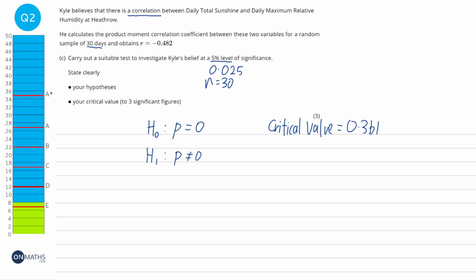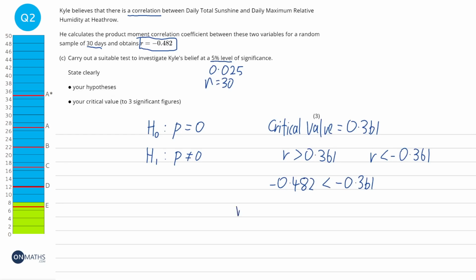So the critical area is going to be that r is either going to be greater than 0.361, or that r is going to be less than minus 0.361. Now looking at the value of r that he's obtained, we can see that minus 0.482 is less than minus 0.361. So we can say that there is evidence to reject the null hypothesis.